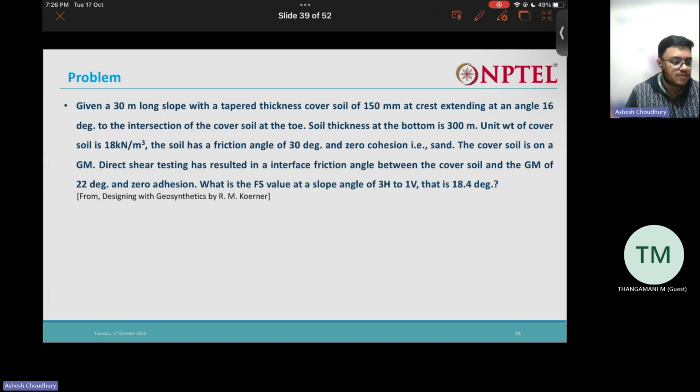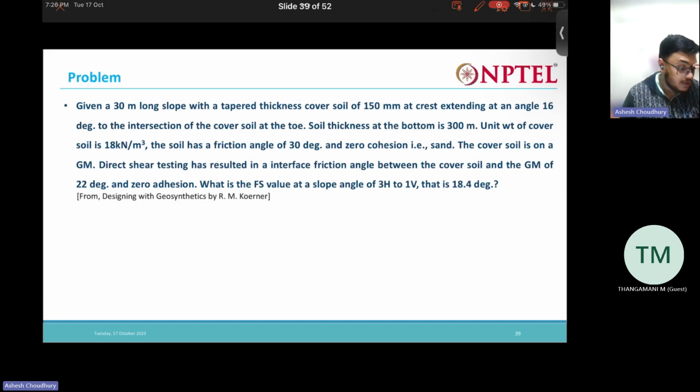Same problem, just for a tapered slope. All the values are given, so I will just find everything first.